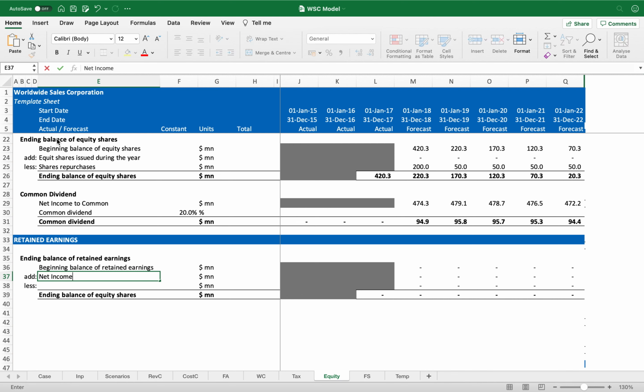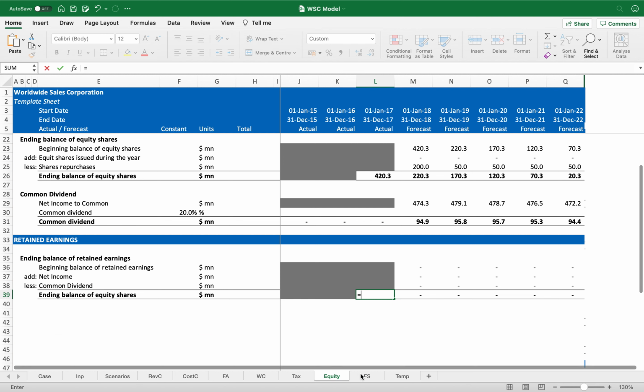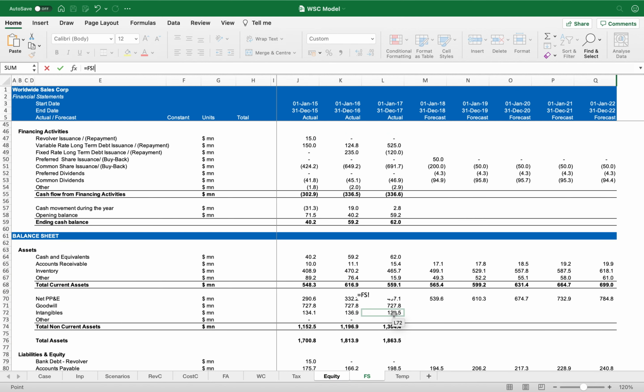So whatever is the net income, I will add it and subtract my common dividend, right?